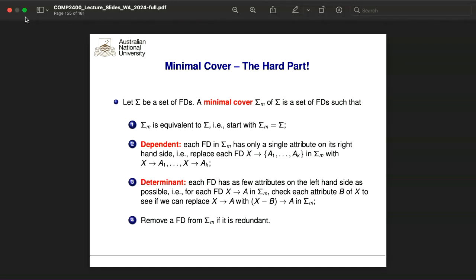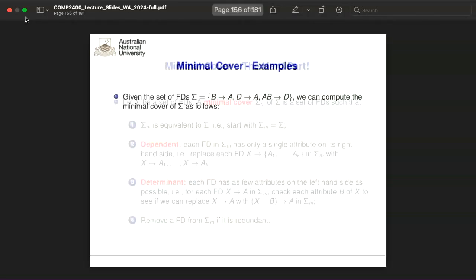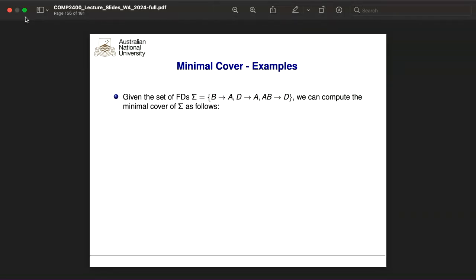I think I should leave the examples to next lecture because it could be a bit tedious at the moment. It's better we talk about it next time when you're more on top of functional dependencies.